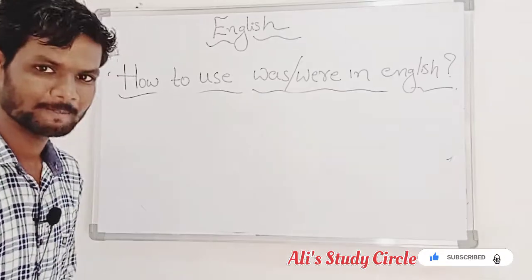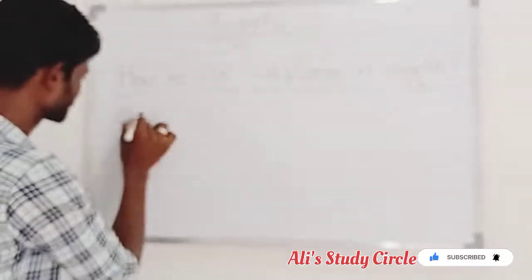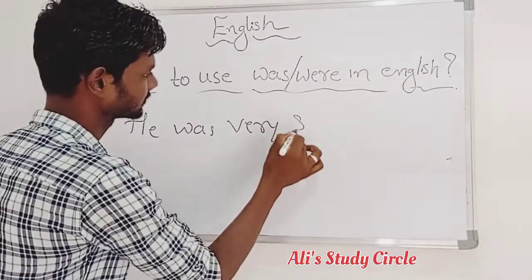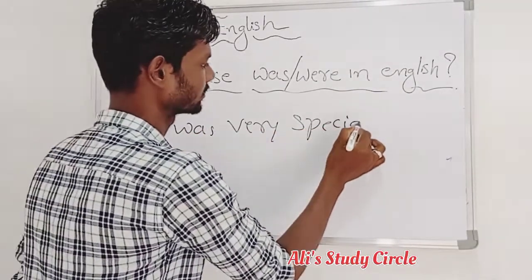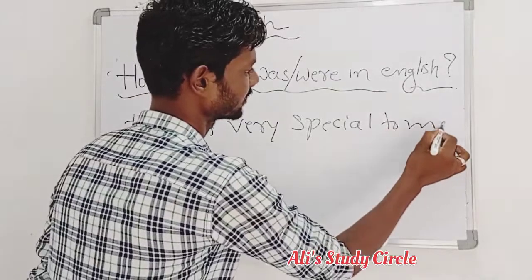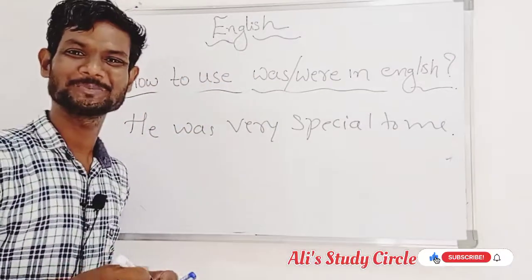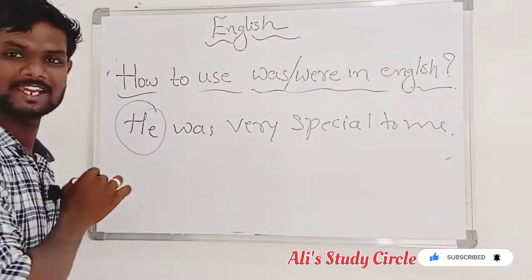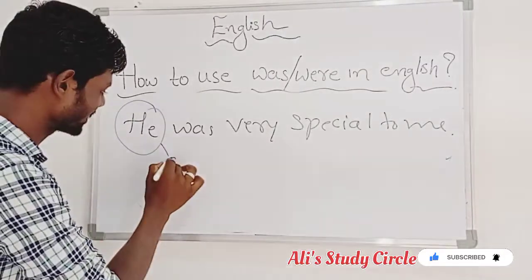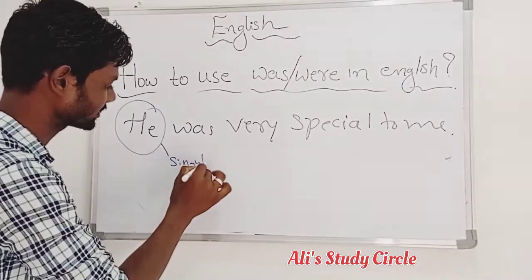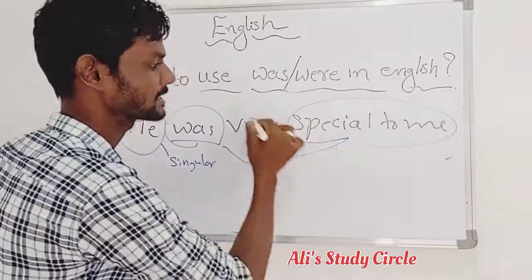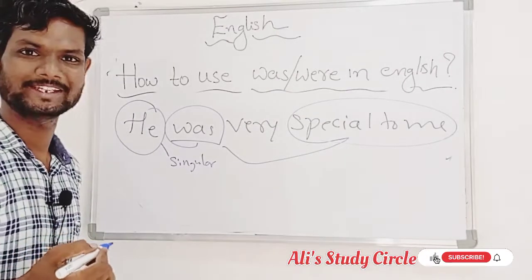For example, he was very special to me. He was very special to me. This is the best example. Look here. First, he is singular, and was is showing a past moment.